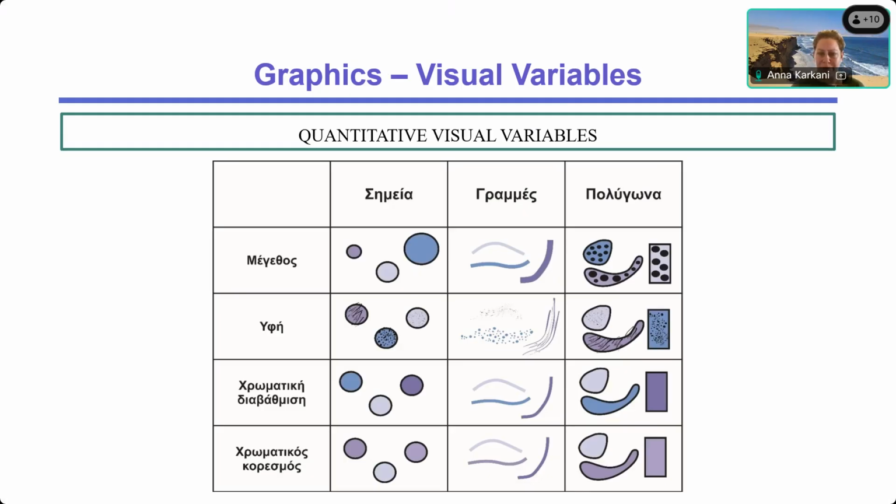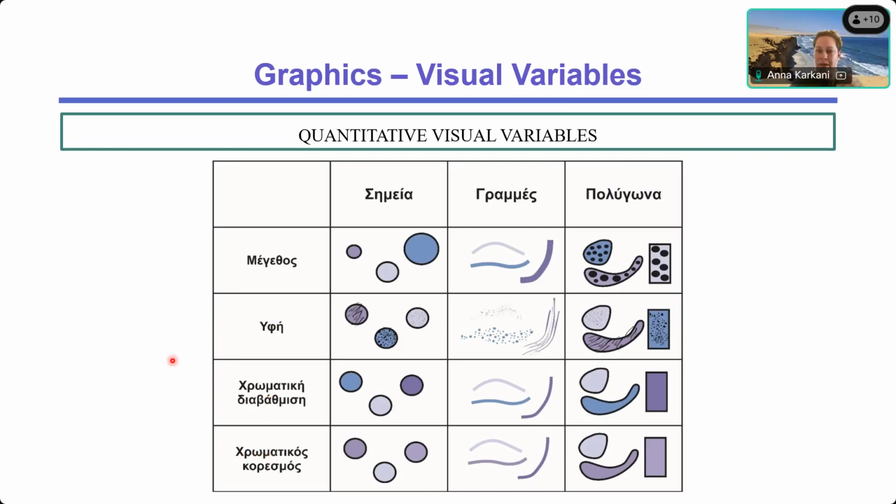So the quantitative visual variables have to do with the visual change in size. So you can see here, let me show. This is the size. These are points, lines, and polygons for our foreign friends. This is texture. This is color grading, and this is color saturation.